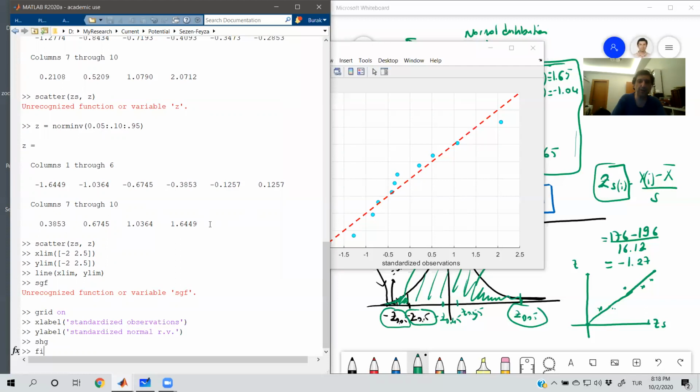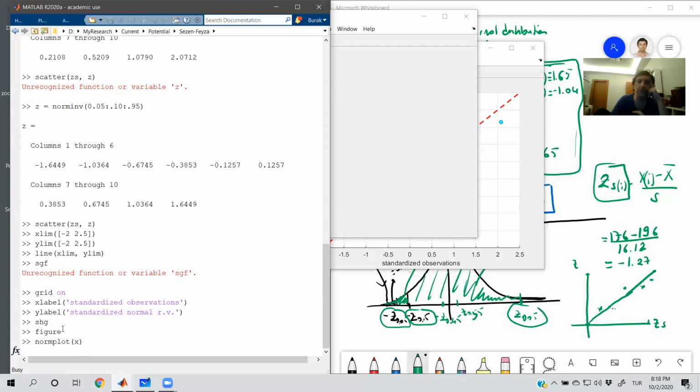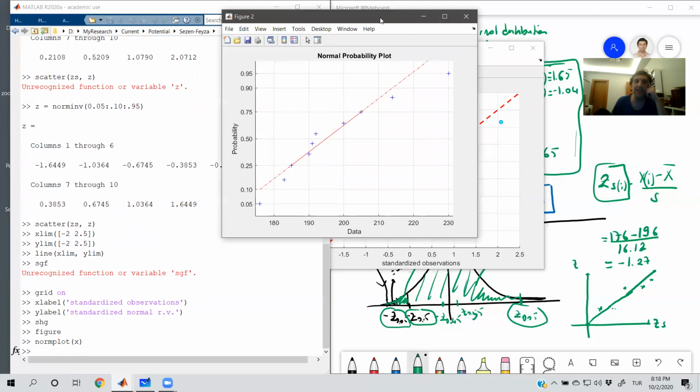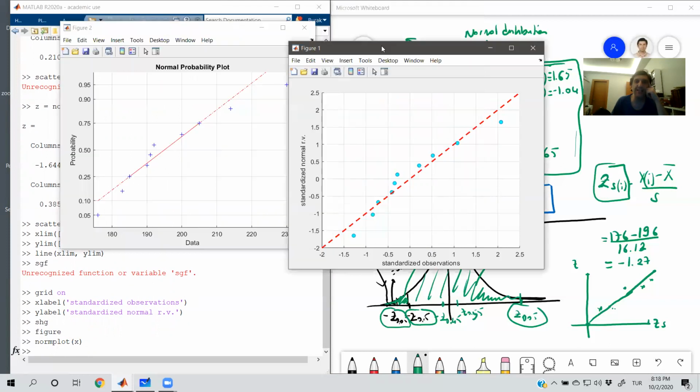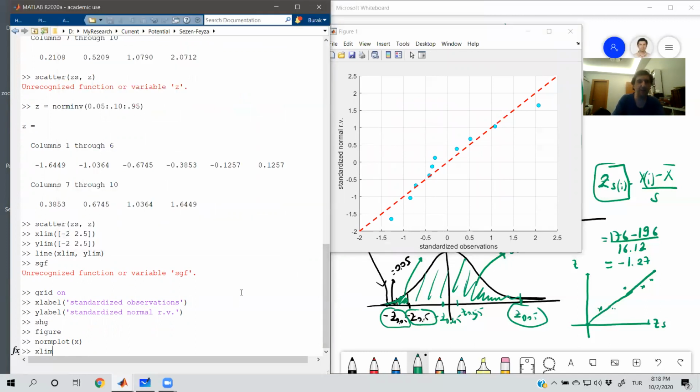Well, actually, we have a nice MATLAB command for all of these. If you directly take the original x values and use the normplot command, you obtain this graph, which is identical to this one, as you can see, for all the values. Well, the limits are quite possibly not the same, but we can make it.